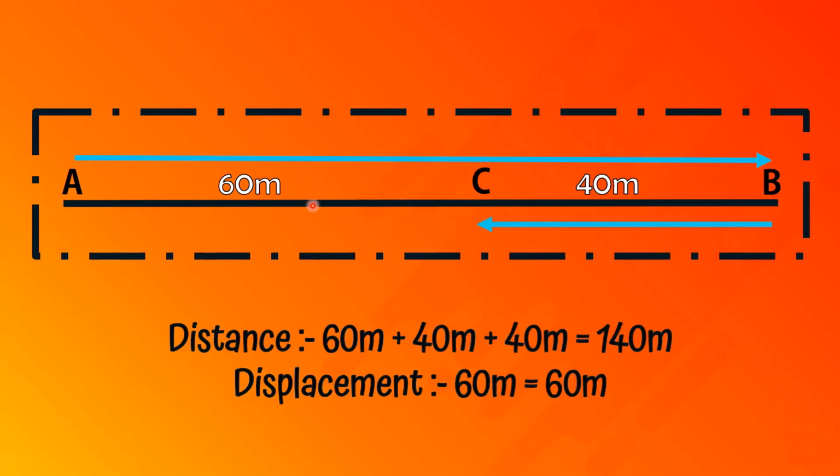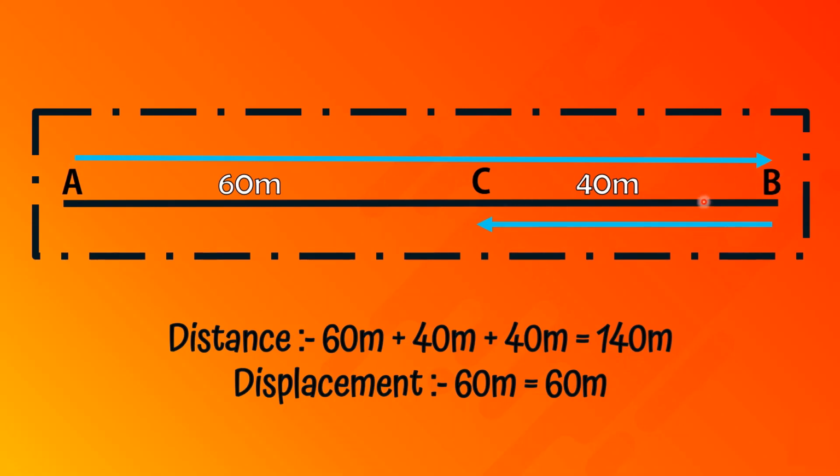This is our final example from A to B. This object has moved from A to B and again come to C. Distance: 60 meters from A to B, and B to C 40 meters.